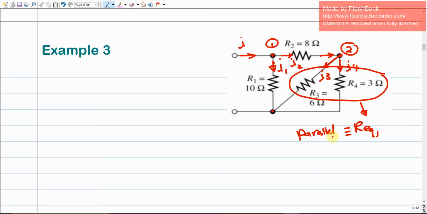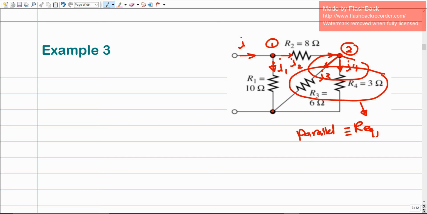Agree? Then this R equivalent 1, again, try to imagine without redrawing the electrical circuit one more time, just to save some time. If we combine these two resistors together, we're going to end up with R equivalent 1. Combining these two resistors means that we're already combining these two electrical currents, like we're already combining I3 and I4 together.